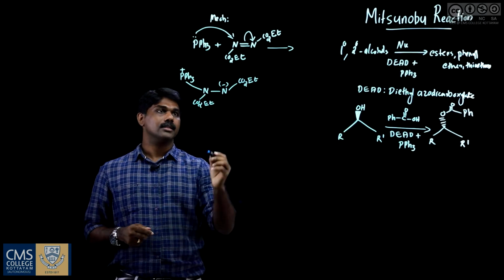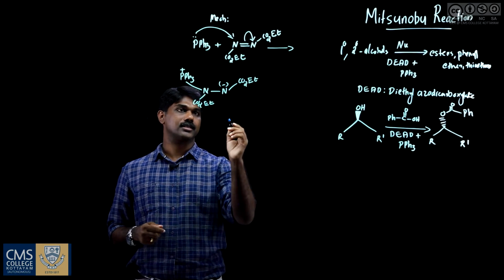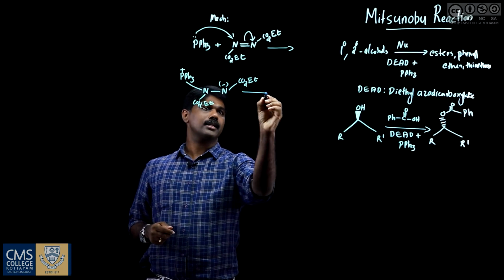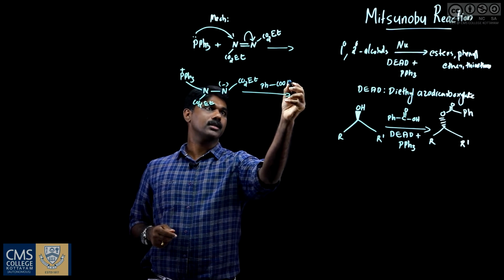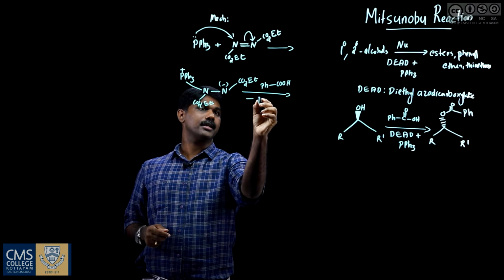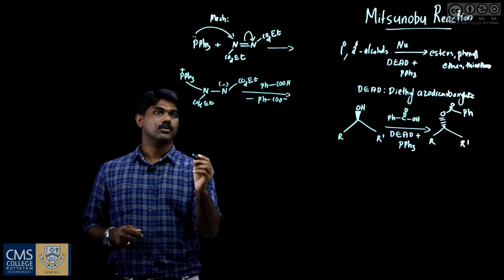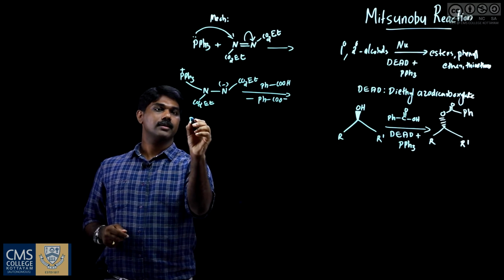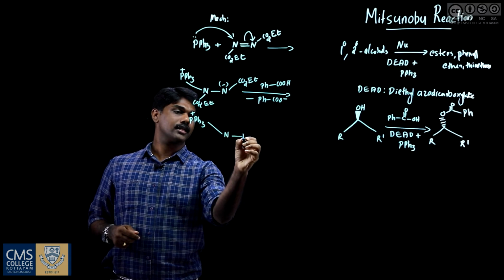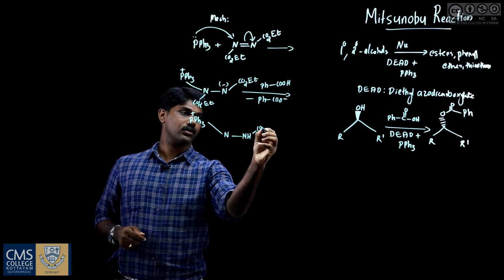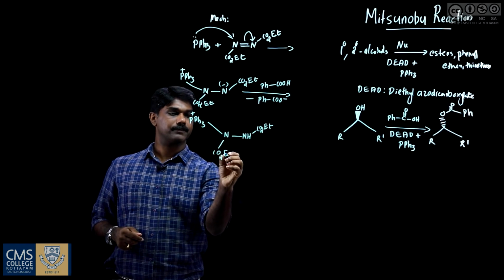Then this anion is stabilized by the carbonyl of the ester functionality, and this anion abstracts a proton from the benzoic acid molecule, giving PhCOO minus. So we get PPh3 plus, N single bond NH and CO2Et. Then here we have CO2Et.